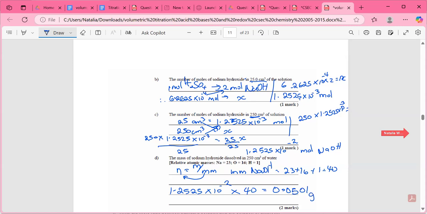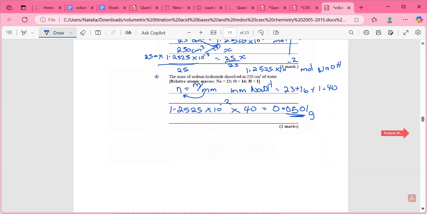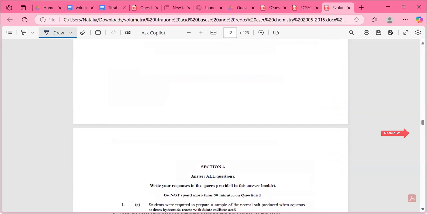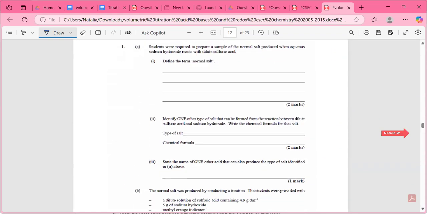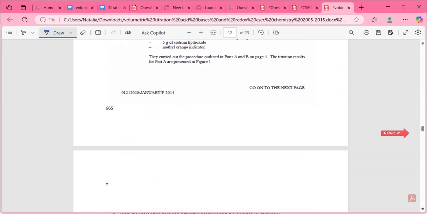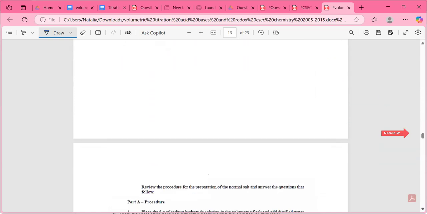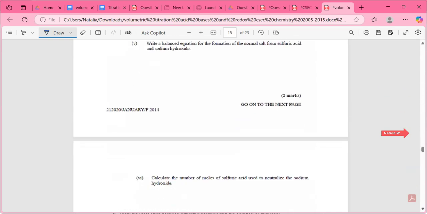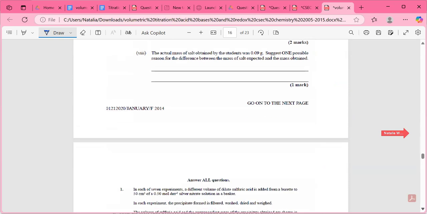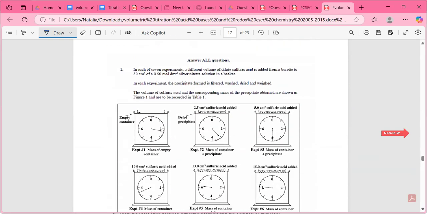So the X that they dissolved was this mass of sodium hydroxide. Any question? Do we have any question? No, miss. All right, so that's a similar question to the one we did earlier.